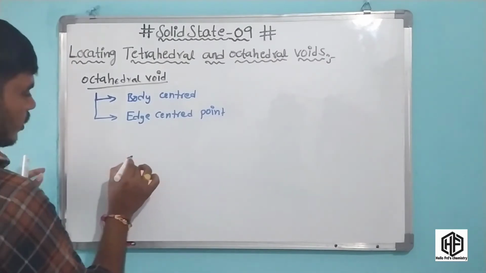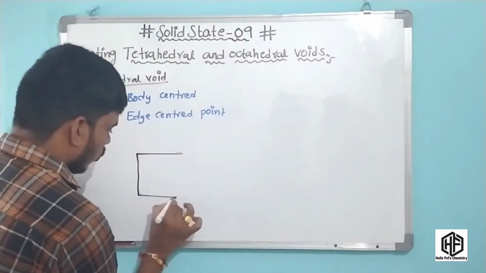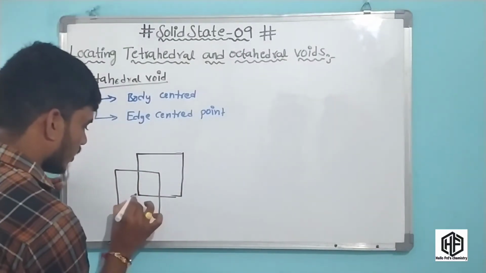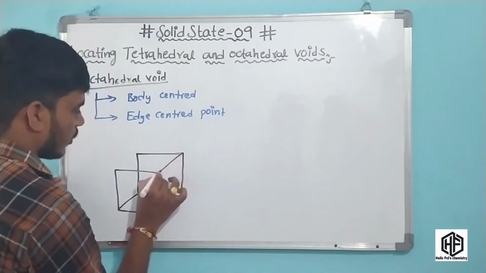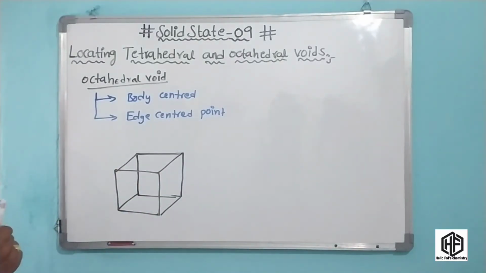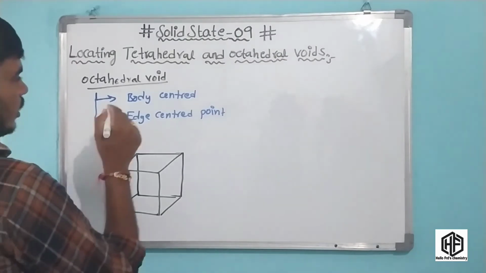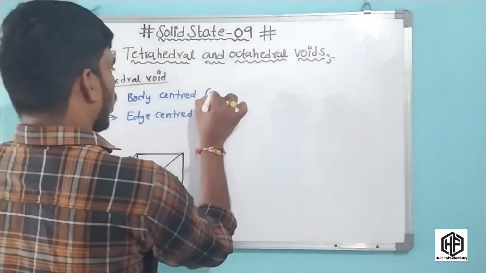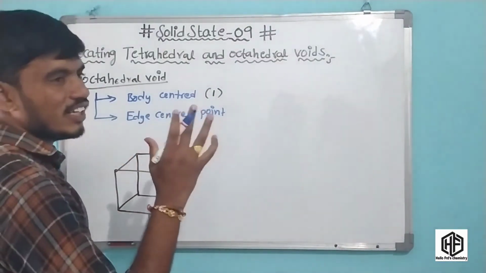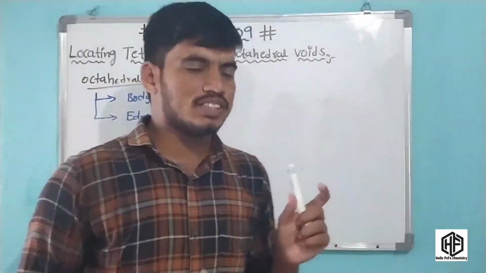First of all, I am considering this cube. In face centered cubic close packing, atoms are present at corners and faces. Atoms are present at the body center, where one octahedral void is present. That void is like this. Atoms are present at the faces.